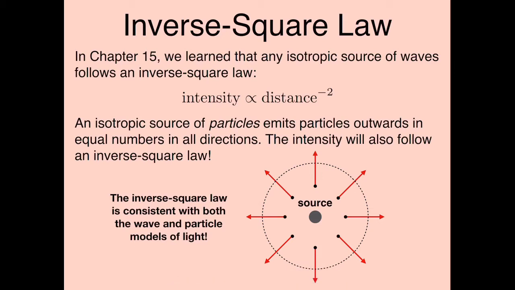So of course, an isotropic source of waves follows the inverse square law. It's also true that if you have an isotropic source of particles, so that would be something that emits particles outwards from a source in equal numbers in all directions, that would be an isotropic source of particles, then the intensity is also going to follow an inverse square law.